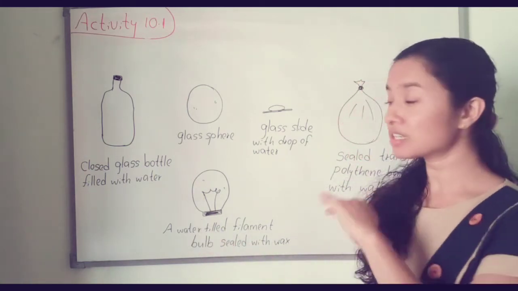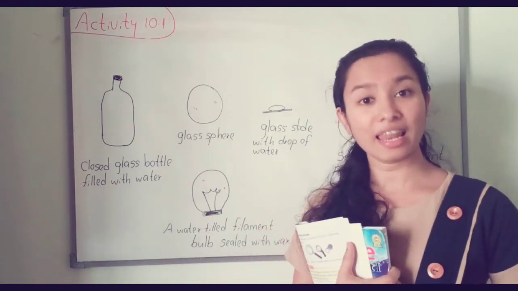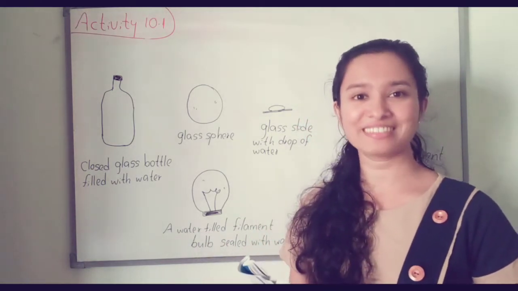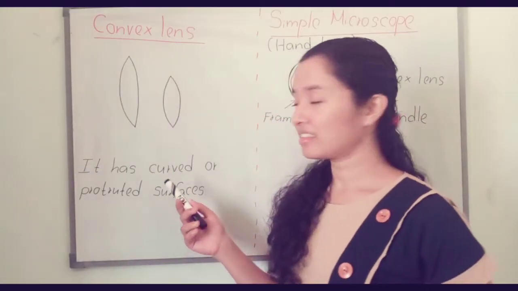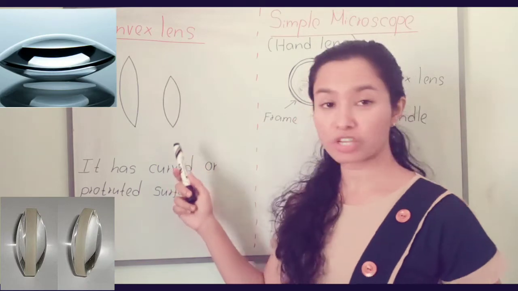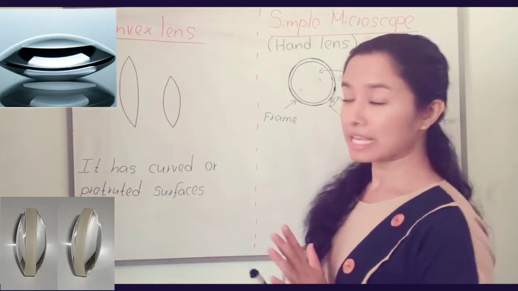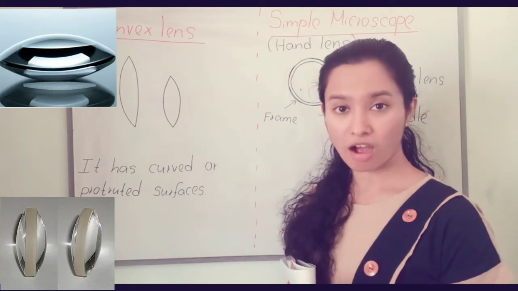What is the feature? Curved surface. That is the convex lens. Let's talk about this convex lens. These are the convex lenses. Here you can see the shape of convex lenses. Convex lens means uttala kacha.